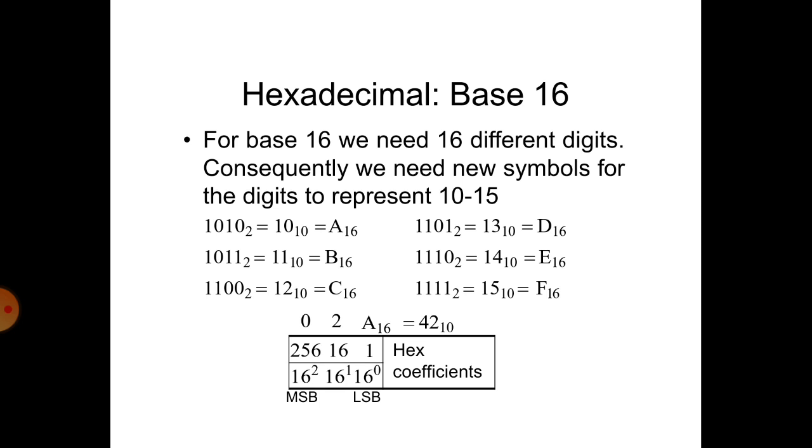Again, 13 means D, 14 means E, 15 means F. The corresponding binary numbers are 1101 to the base 2, 1110 to the base 2, 1111 to the base 2. So this is hexa to decimal to hexa.